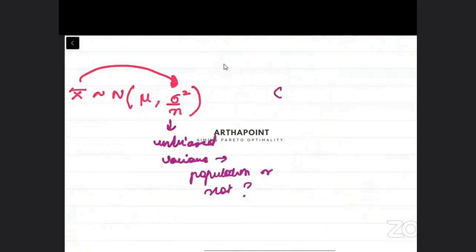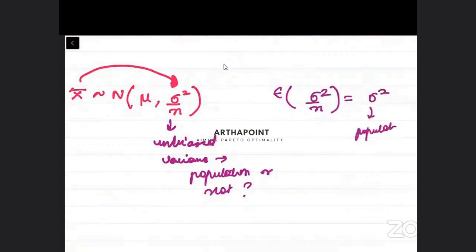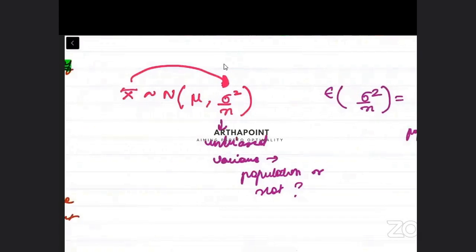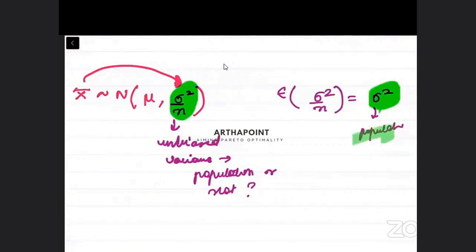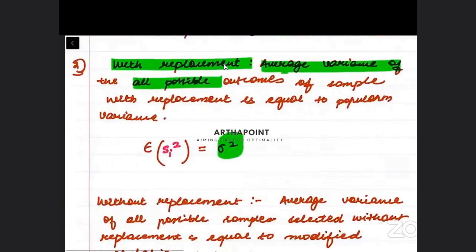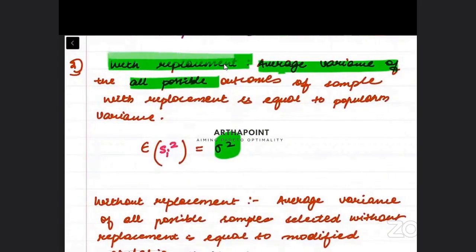If I find the expected value of sigma square by n, I will simply get sigma square of population. That means this sigma square by n is an unbiased estimator of the sigma square of the population. So when I talk about with replacement, the variance that you find for x bar is an unbiased estimator of sigma square.